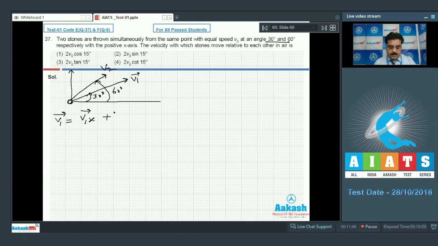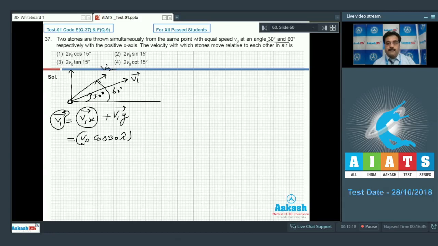So if I make the velocity vector for v1 and v2 first, so I will write v1 is v1x plus v1y, v1 along x and v1 along y. So v1 means, because you know there is no horizontal acceleration if there is no air resistance. So if I resolve the two components of the velocity, first I will write v0 cos 30 at any time.